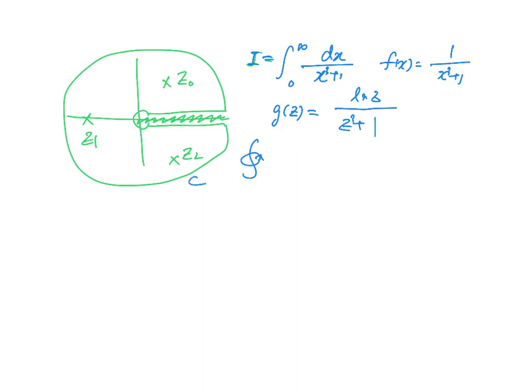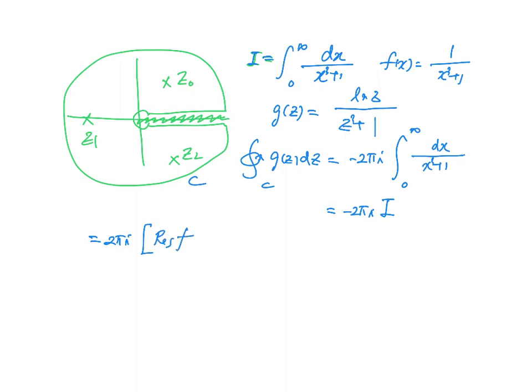this closed contour integral of G(z) dz is simply minus 2 pi I times the integral from 0 to infinity, and it turns out to be 2 pi I times the sum over residues: residue of G at z0 plus residue of G at z1 plus residue at z2.